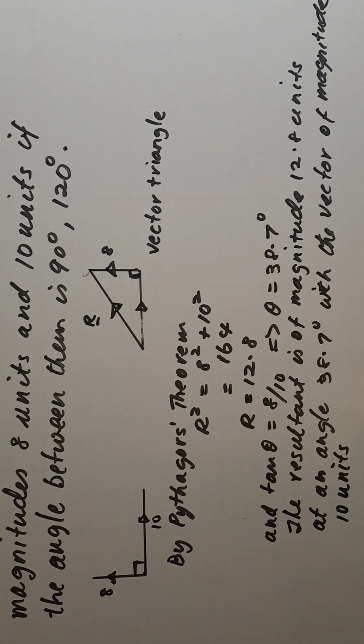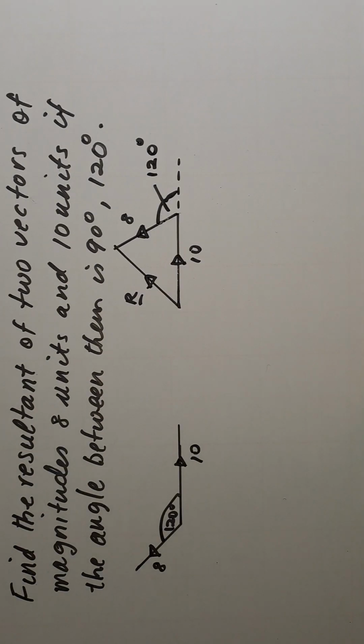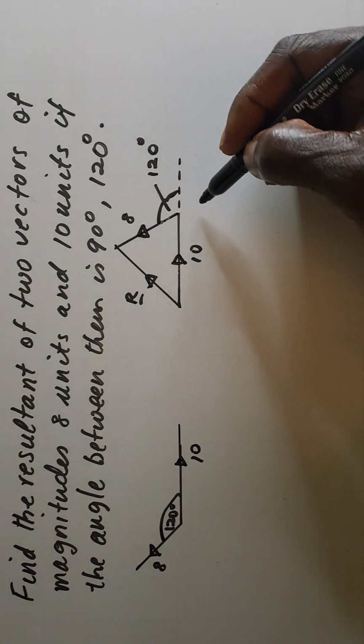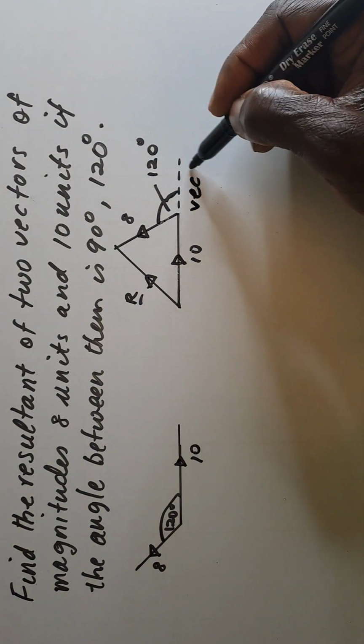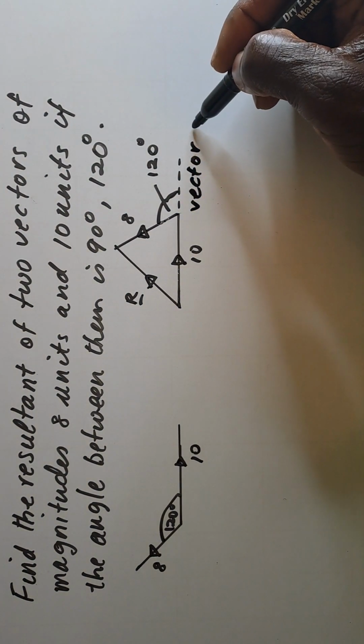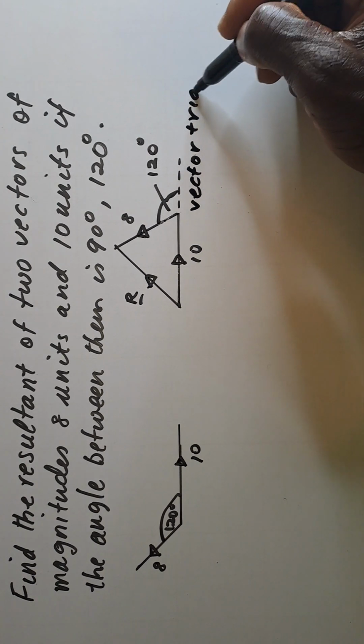Next, we'll look at the angle between these two vectors being 120 degrees. Now here are two vectors of magnitudes 8 and 10 units with an angle of 120 degrees between them. This is our vector triangle.